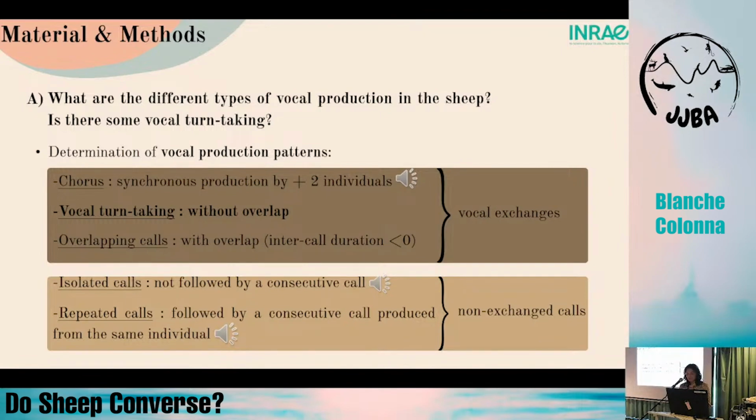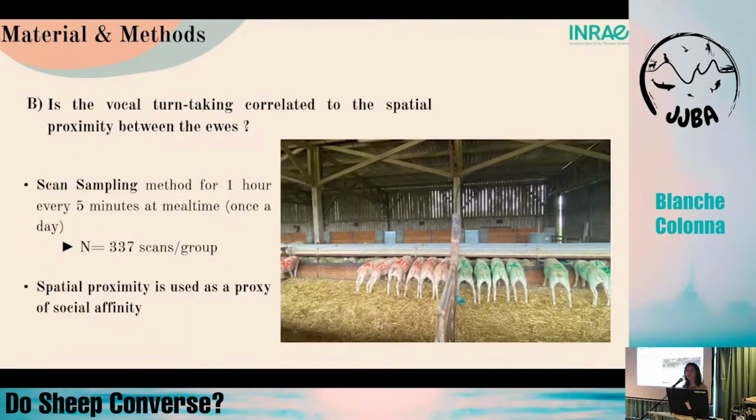After, to know if the vocal turn-taking was linked to some spatial proximity, I used scan sampling to note, once a day for 1 hour, every 5 minutes, the spatial position of each individual in its box, in order to know the identity of its closest neighbor.